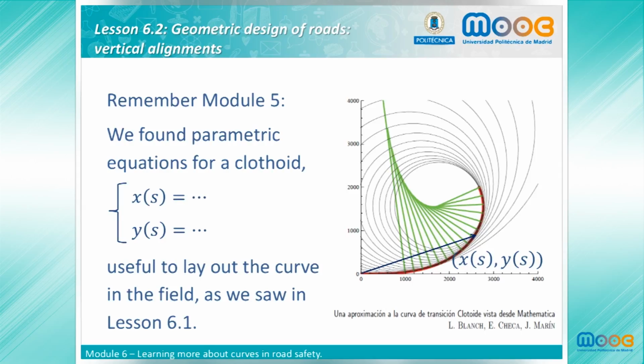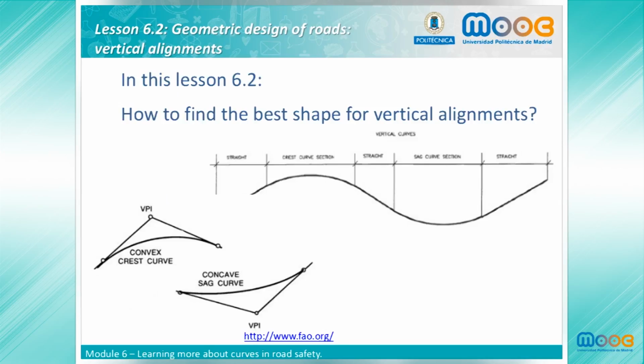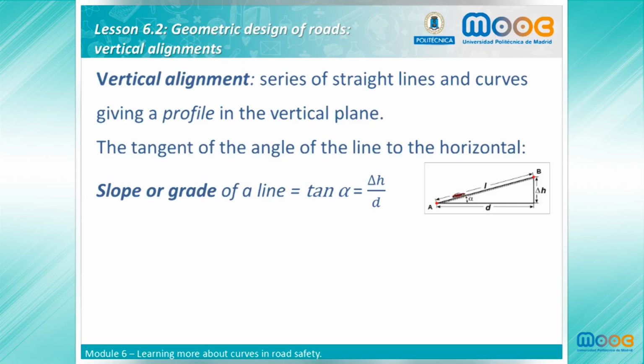Now, in Lesson 6.2, we want to find the best shape for vertical alignments. A vertical alignment consists of a series of straight lines and curves giving a profile in the vertical plane. The slope or grade of a line is defined as the tangent of the angle of the line to the horizontal, that is, the vertical displacement over the horizontal displacement.